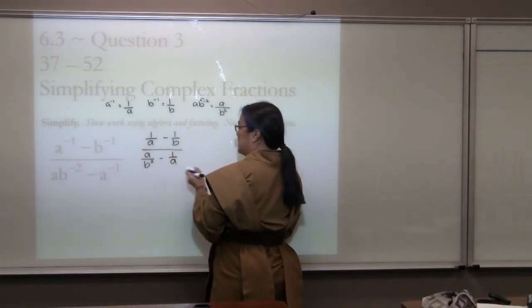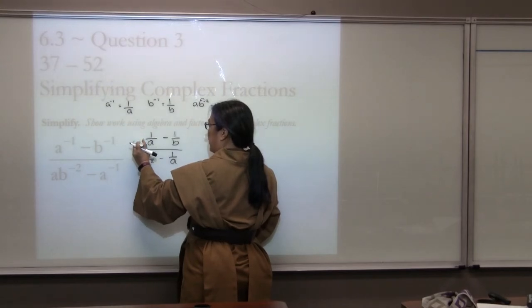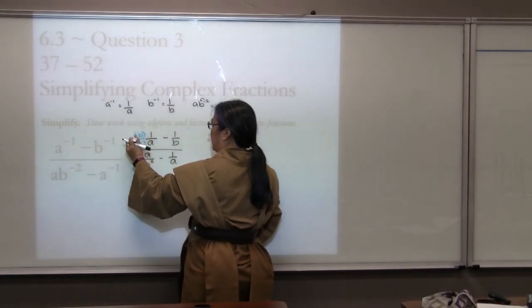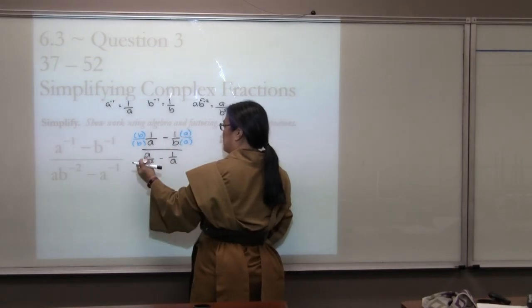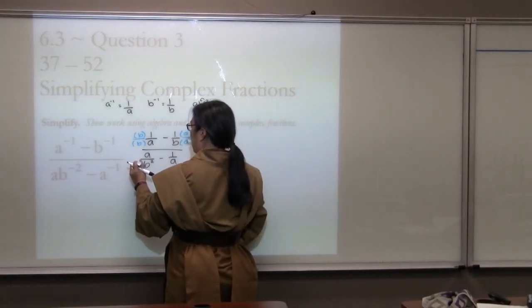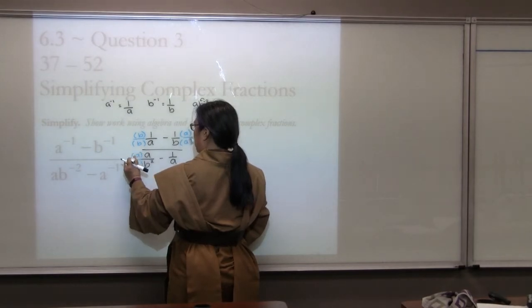We again need to make common denominators, so we're multiplying this by b and this one by a's. Remember to put them on top and bottom. Some students say, hey, I understand it, but then what it says is incorrect.